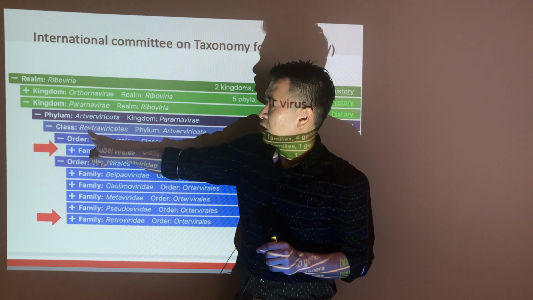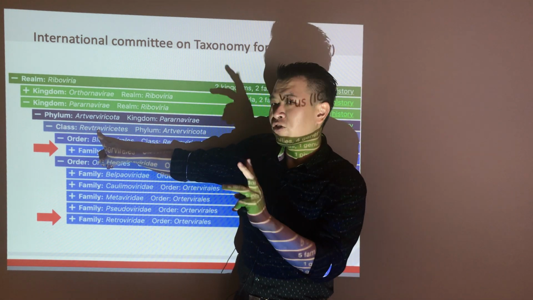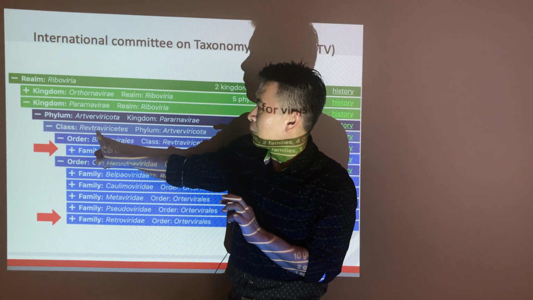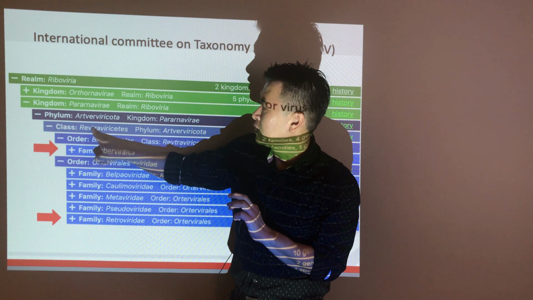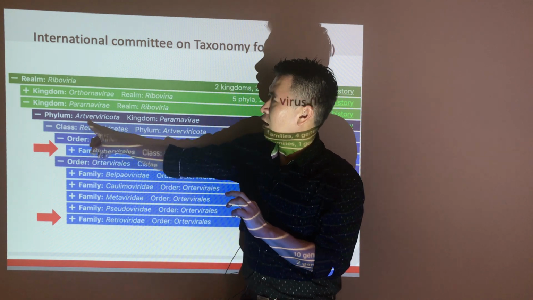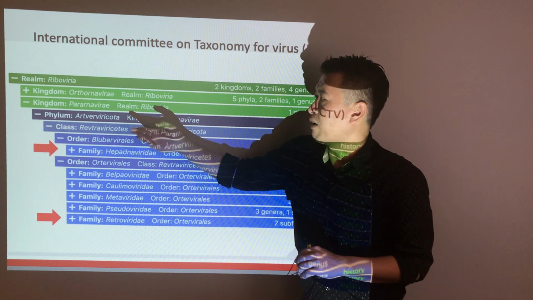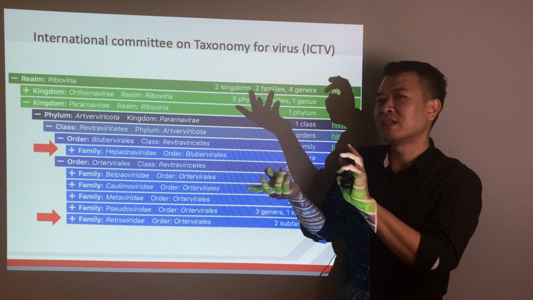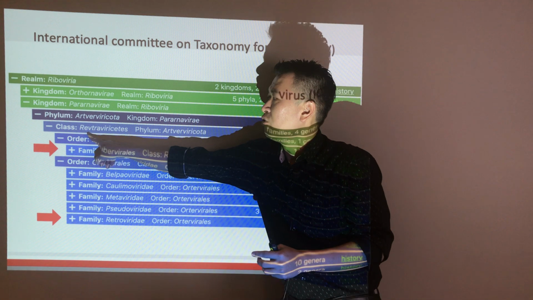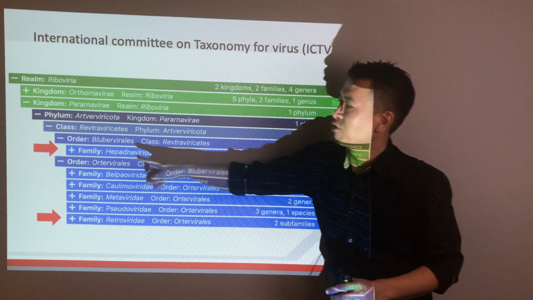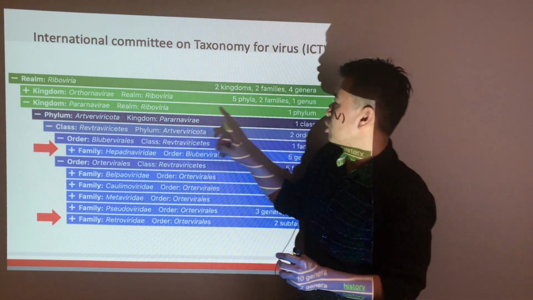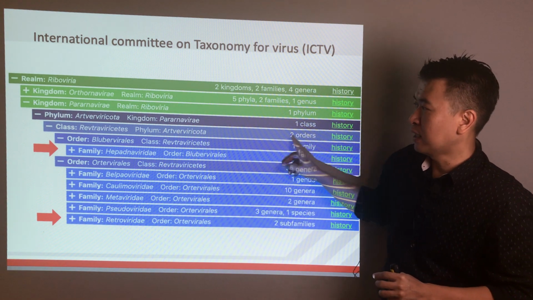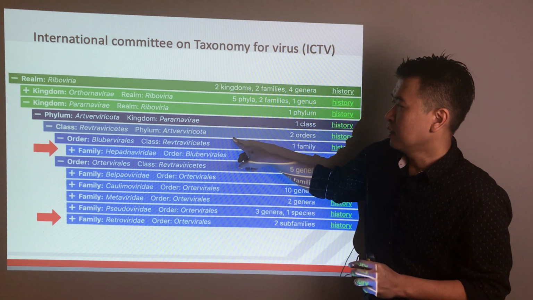So reverse transcription, they are trying to be creative, so they reverse the spelling, so it becomes Artver. So now you can see that the phylum is Artverviricota, and it's actually the reverse spelling of Revtra here. All right, so we have one phylum and only one class, which is Revtraviricetes.